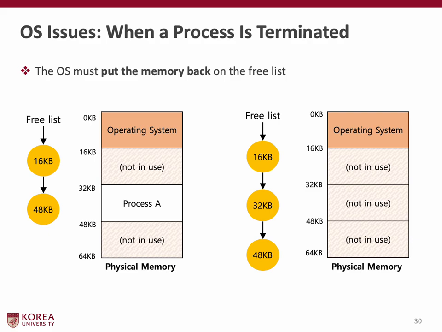If you look at this figure before termination, the free list contains only two regions, 16 kilobyte and 48 kilobyte. But after process A finishes, then the OS adds that freed space back into the list, like this figure.